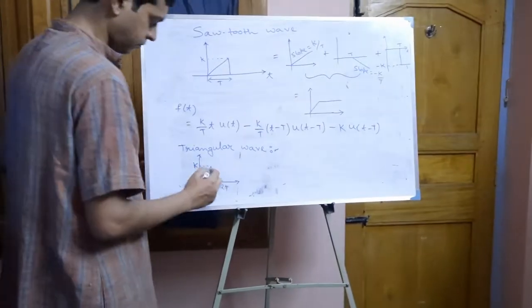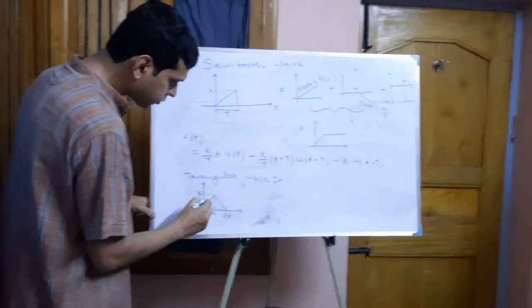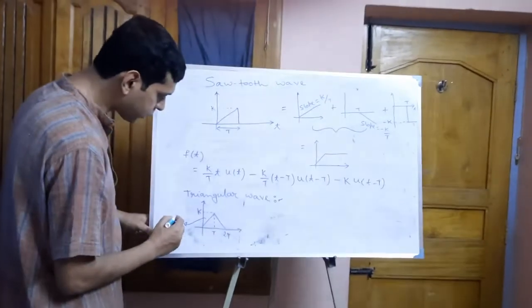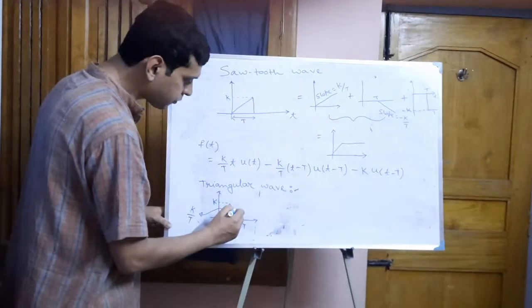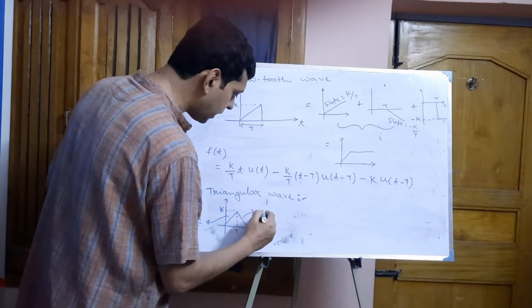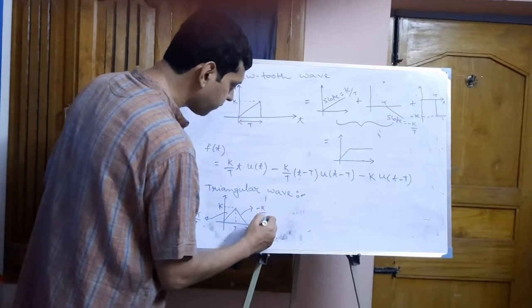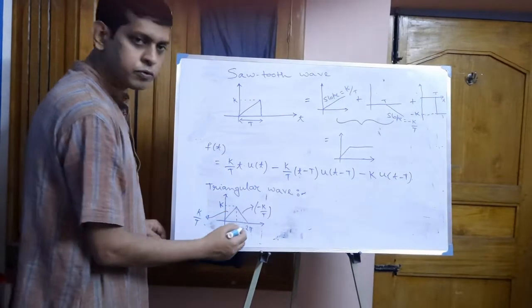So for this portion, the slope equal to what? K by T, and for this portion, the slope equal to minus k by T. So there is a change of slope.